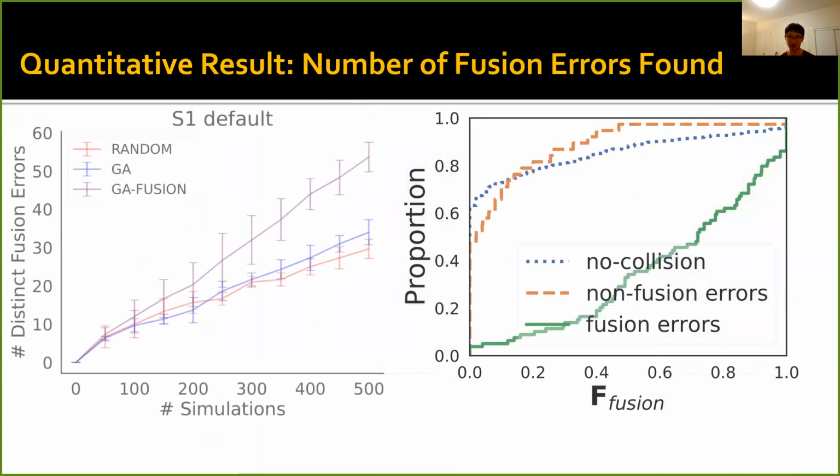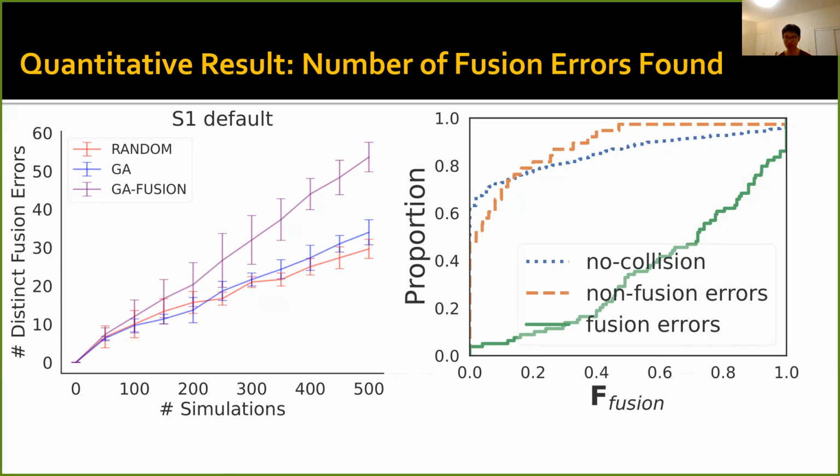The following are the results. On the right-hand side, we show all the found fusion errors, non-fusion errors and non-collisions, and how they differ in terms of the search objective F fusion. You can see that there's a huge gap between fusion errors and non-fusion errors.